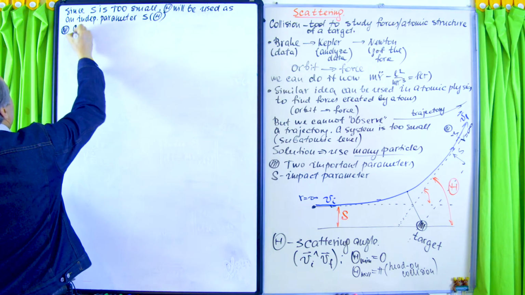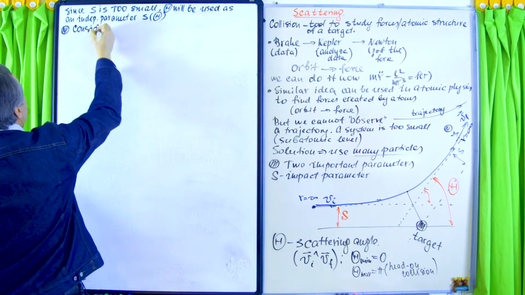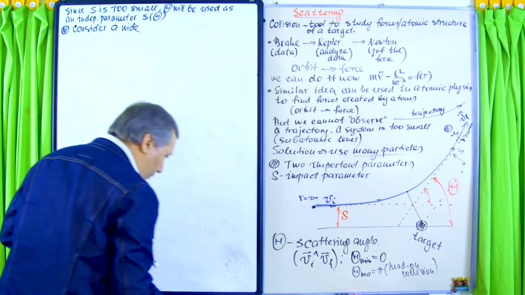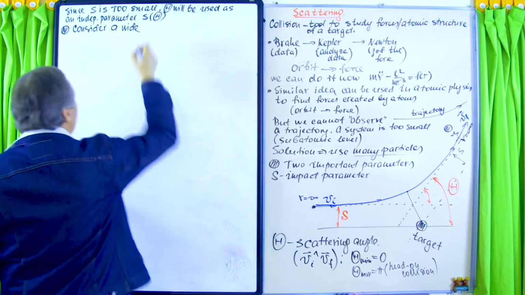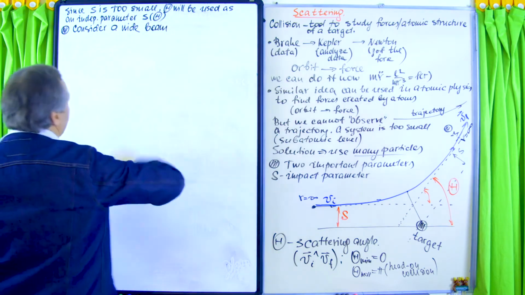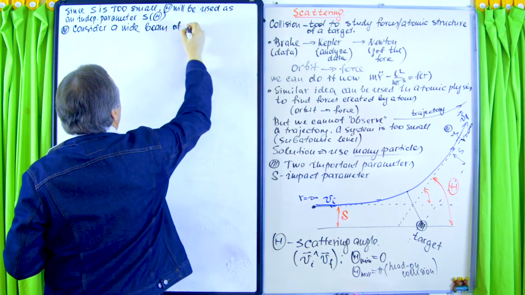So let's write: consider a wide beam of particles, a beam of identical particles. Wide, of course, means infinite.